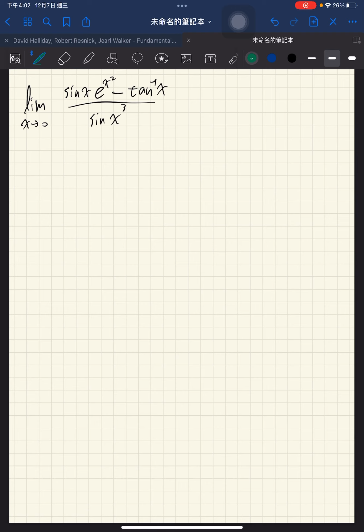Oh, and this may not be a good form to use L'Hopital's rule, because when you apply L'Hopital's rule, this term and this term will be chaos, and it will be uglier than the form where you haven't used the derivatives on both sides.